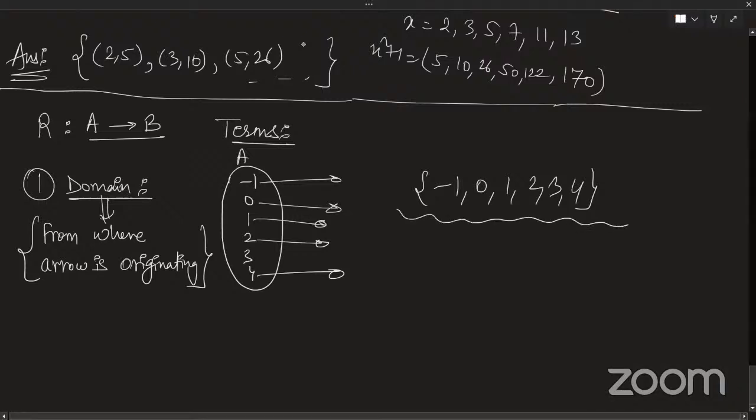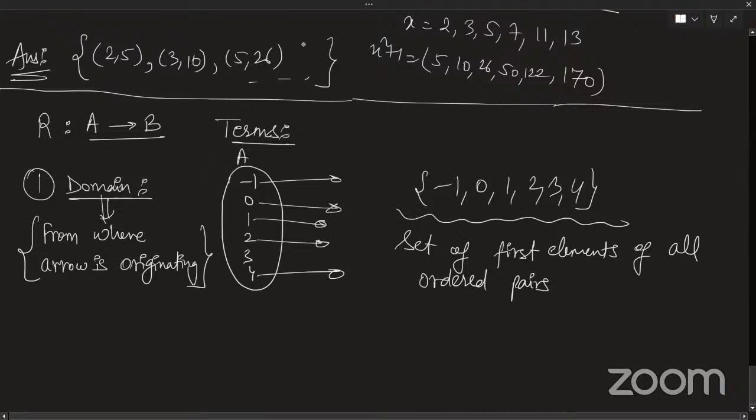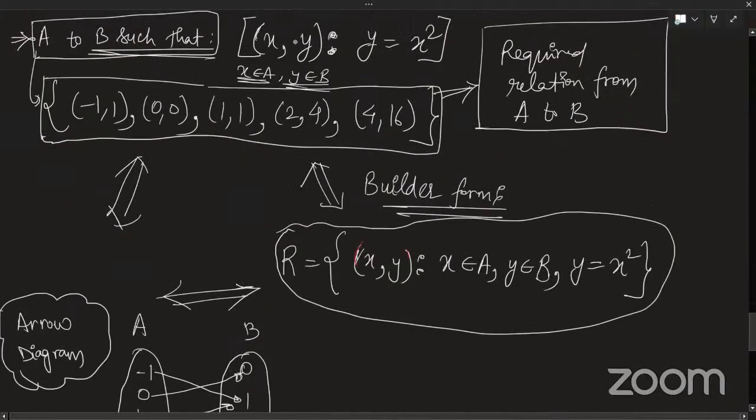In other words, I can also say it is the set of first elements of all ordered pairs in R. You have this relation, so just see all the first elements and draw that set.